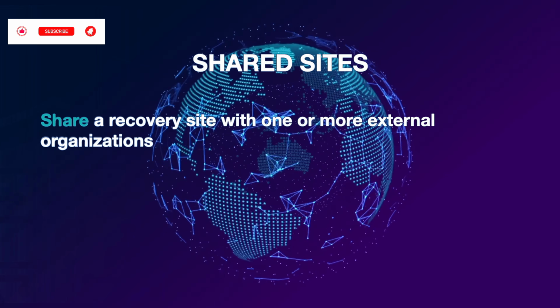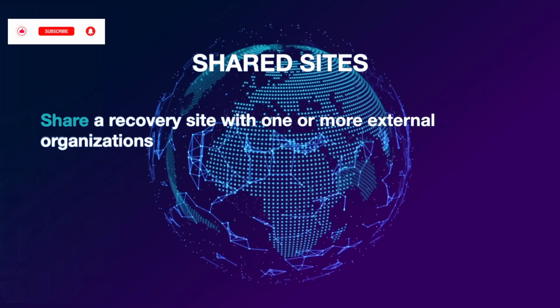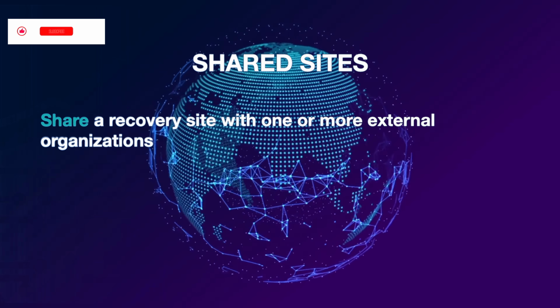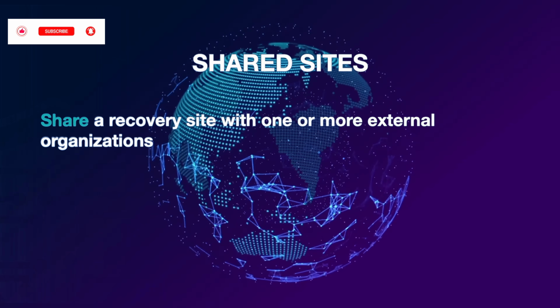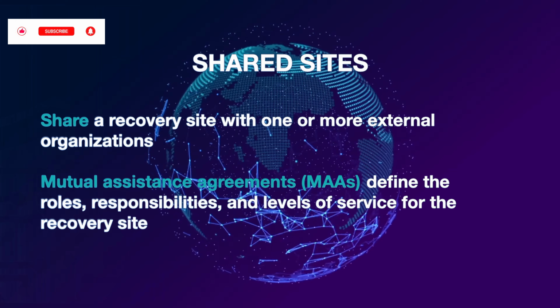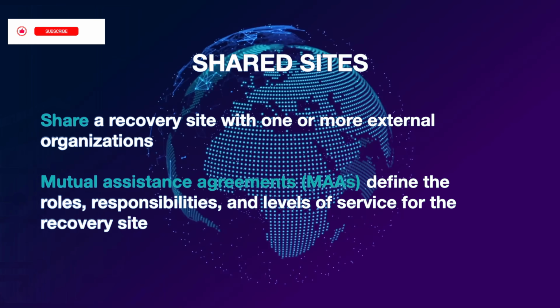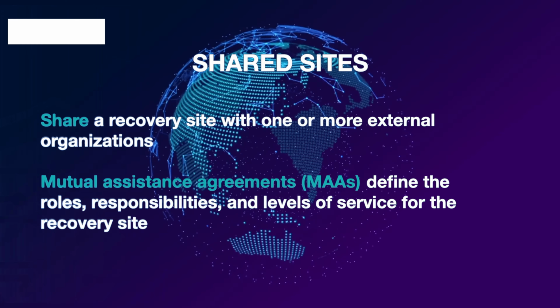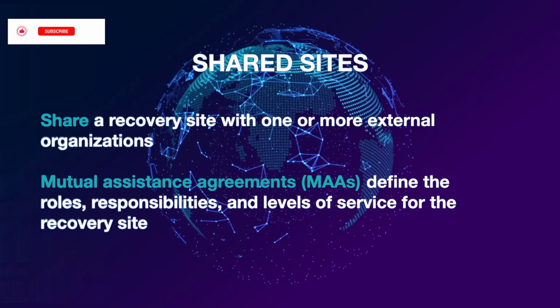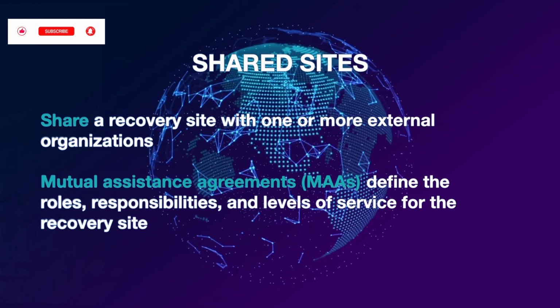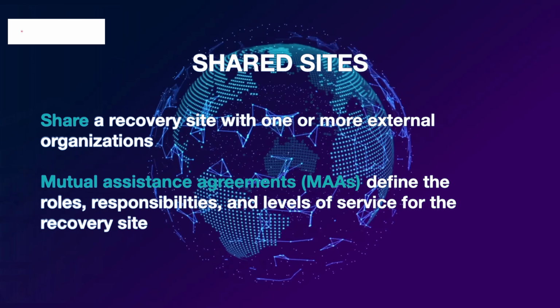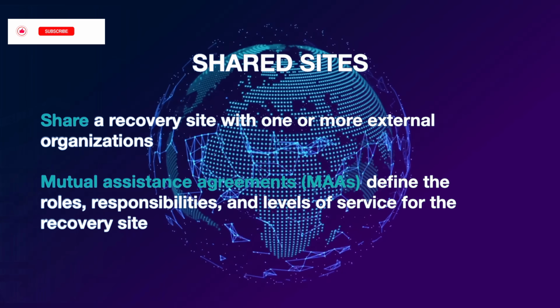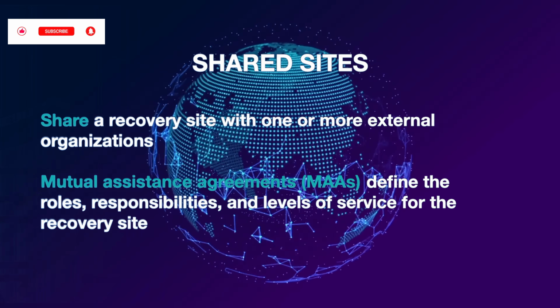Now this is not very common because you have data sensitivity issues and a lot of other things, and as part of the shared site, you want to make sure that you have a mutual assistance agreement, or MAA, to define the roles, responsibilities, levels of service, all those different things that come along with the site. This is called a reciprocal agreement.